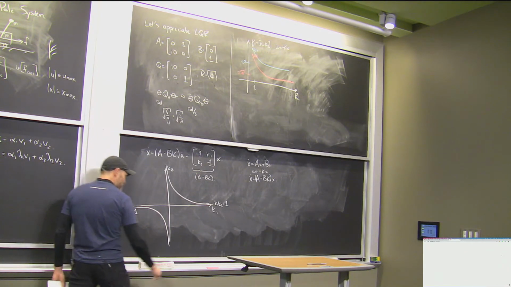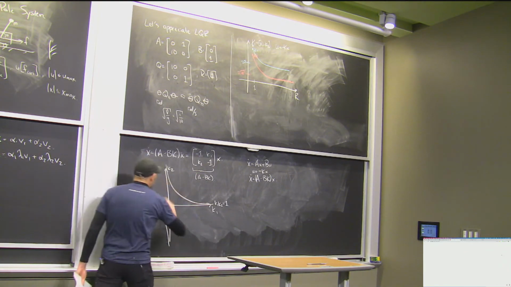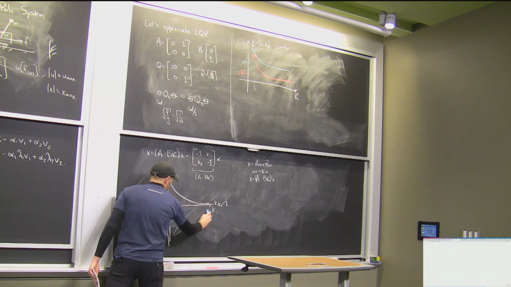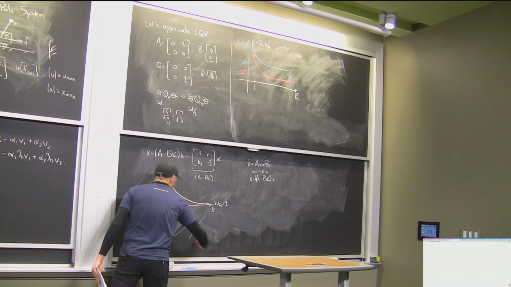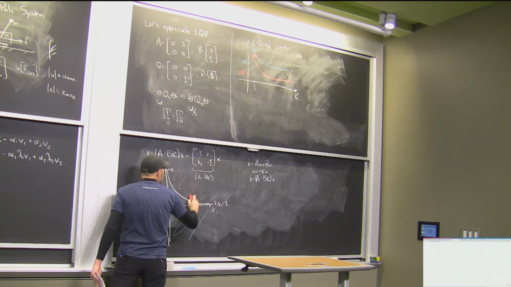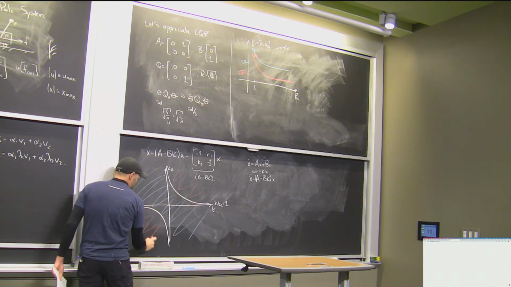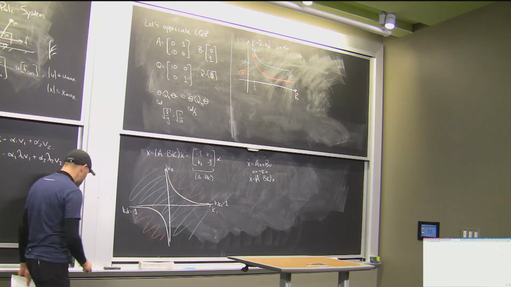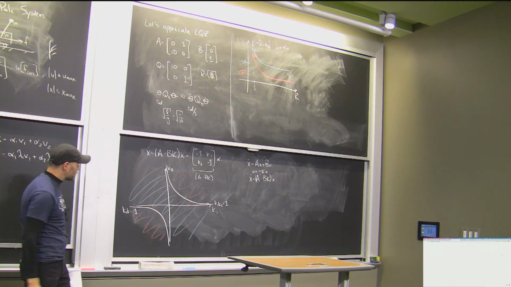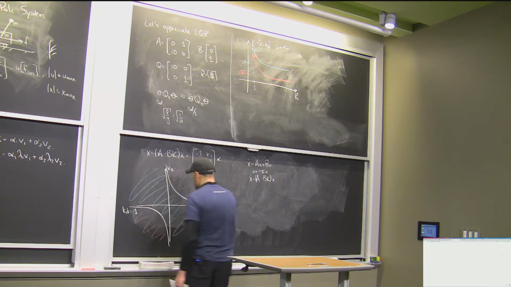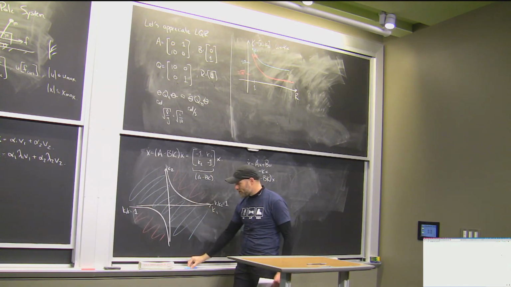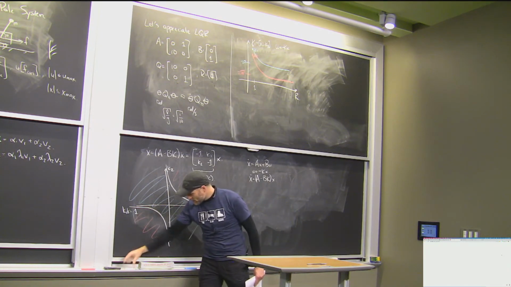But my point for illustration right now is that the set of stable Ks is in blue. The set of unstable Ks is in red for this particular system. I can make harder systems, but this one is just enough to point it out.